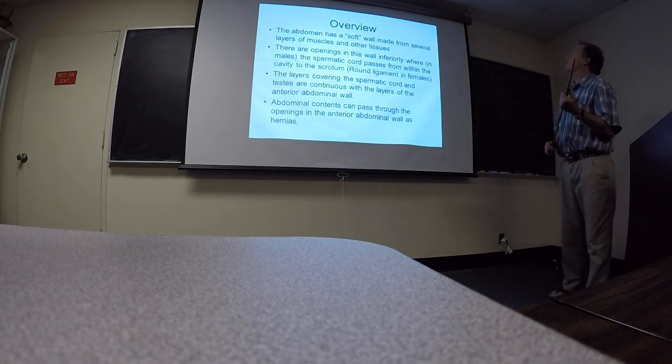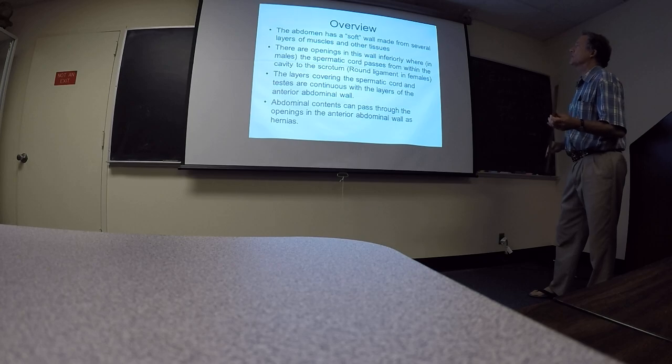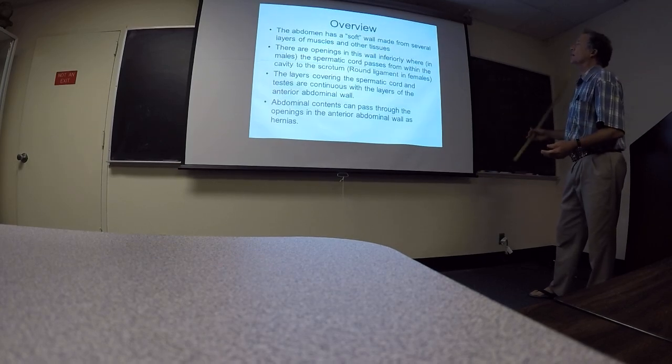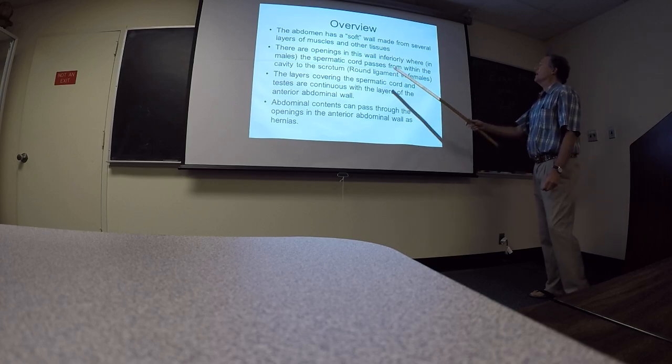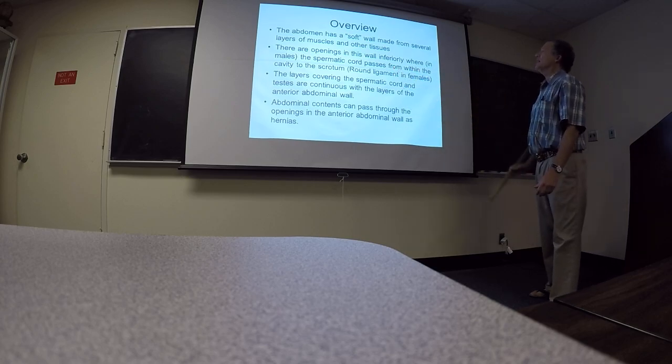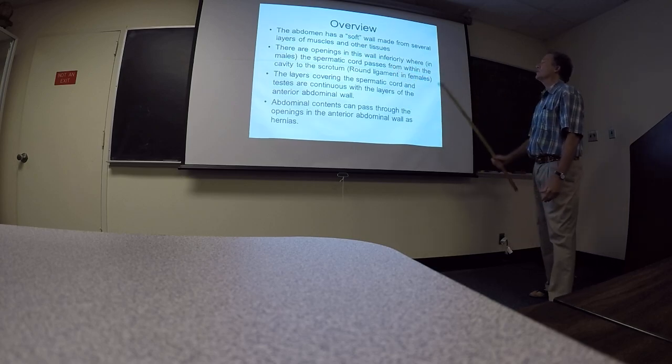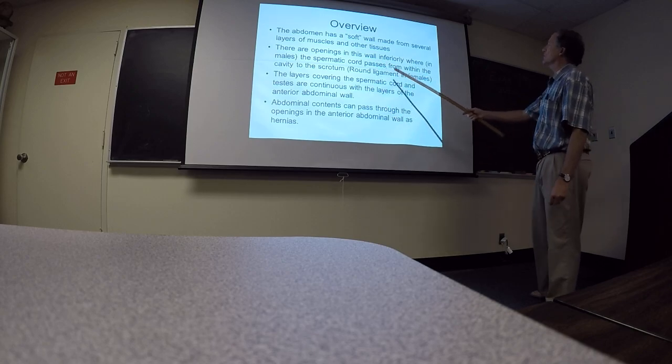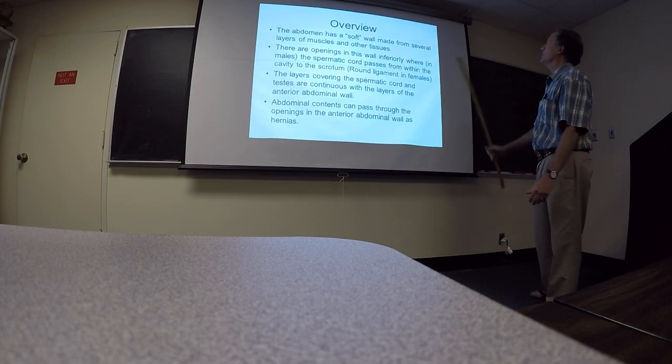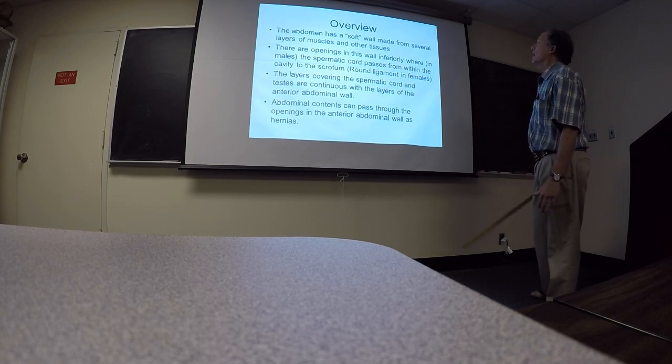So here's the overview. The abdomen has a soft wall made from several layers of muscles, and that's mostly what we're going to talk about today. There are openings in this wall inferiorly, where in males the spermatic cord passes from inside the abdominal pelvic cavity into the scrotum, and in females there's a structure called the round ligament, which has a similar pathway.